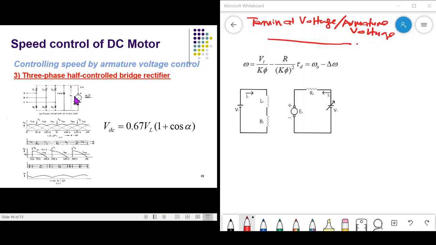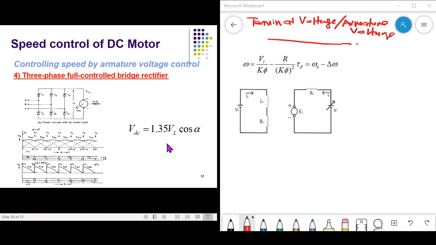The average output voltage is given by this equation: 0.67 V RMS (1 plus cos alpha). The last one is the three-phase fully controlled bridge rectifier. The average output voltage equals 1.35 V line RMS cos alpha.